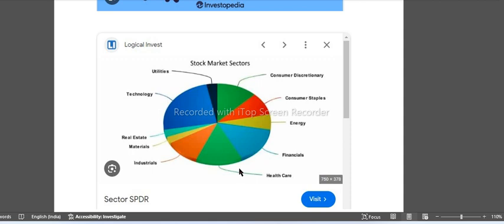So several stocks are available in that one ETF. If you would like to invest in a sector-based ETF, this is a good choice.